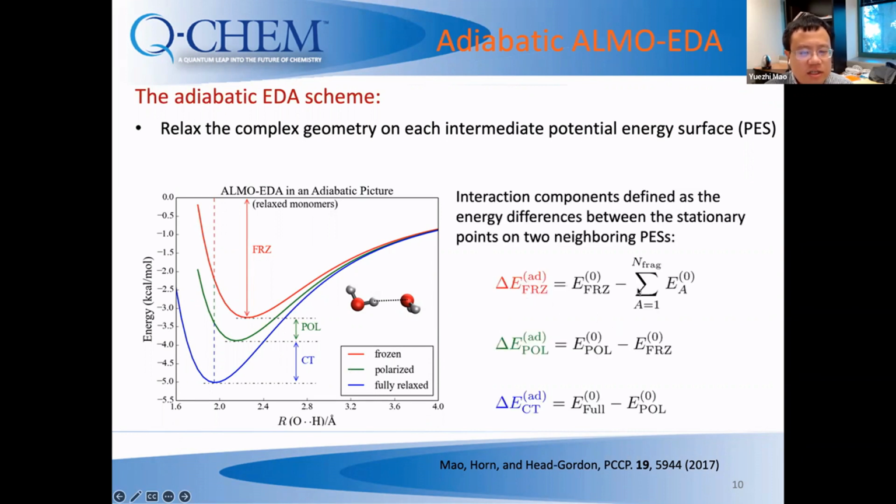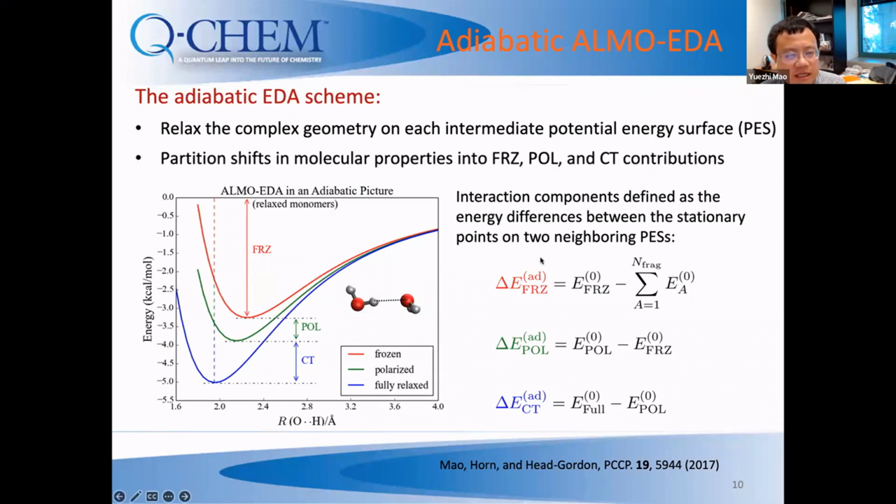And then the energy terms can be defined as the difference between these stationary points on these neighboring potential energy surfaces.